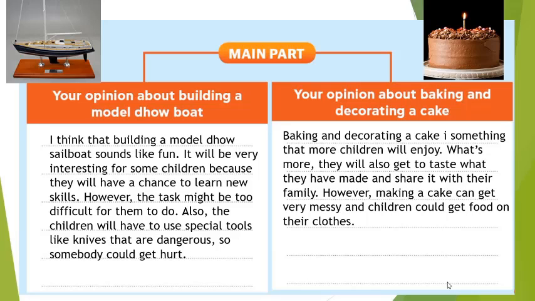However, now you are writing an opponent, you are writing the disadvantages of baking and decorating a cake. You are refuting the first point of view. You are writing an opposing opinion. Okay? However, making a cake can get very messy, and children could get food on their clothes. Okay?